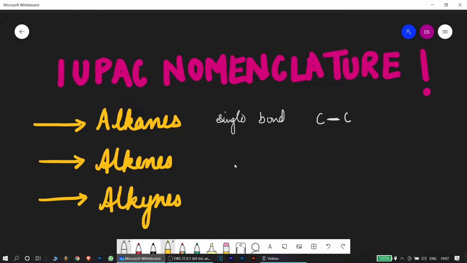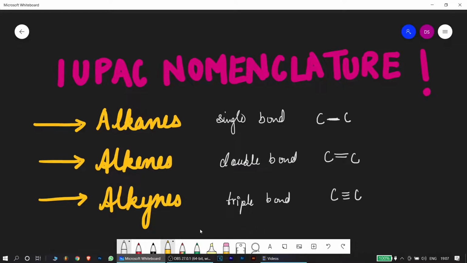There's only a single bond. Now alkenes on the other hand have a double bond between at least two carbon atoms. And alkynes will be having triple bonds, right, between at least two carbon atoms.